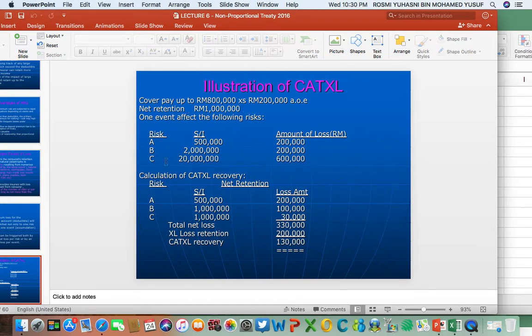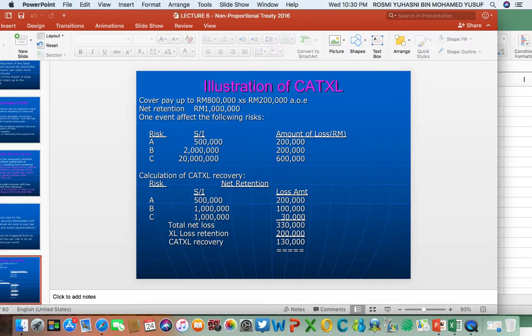We have three risks here with 3 different sums insured and 3 claims. For risk A, it has a sum insured of 500,000 and a claim of 200,000. For risk B, a sum insured of 2 million and a claim of 200,000. And for risk C, a sum insured of 20 million and a claim of 600,000.